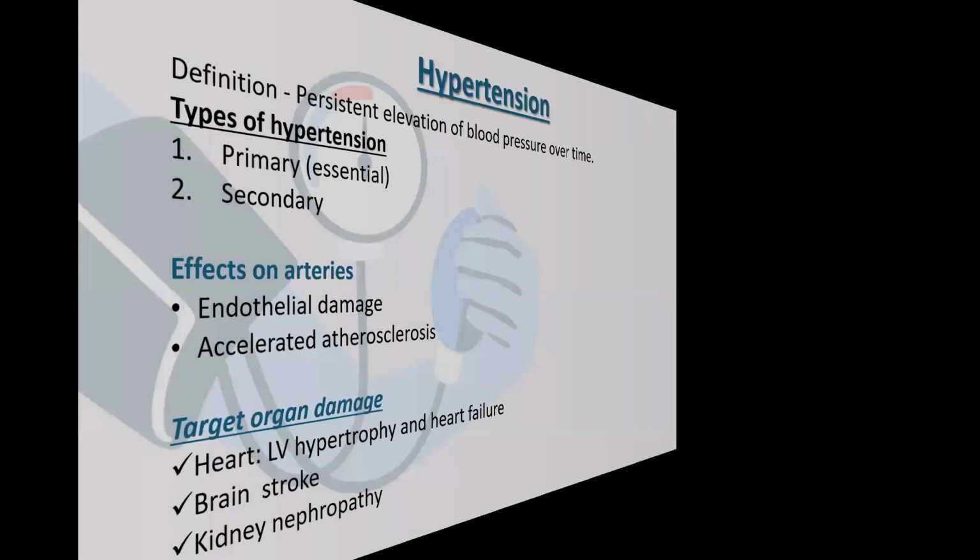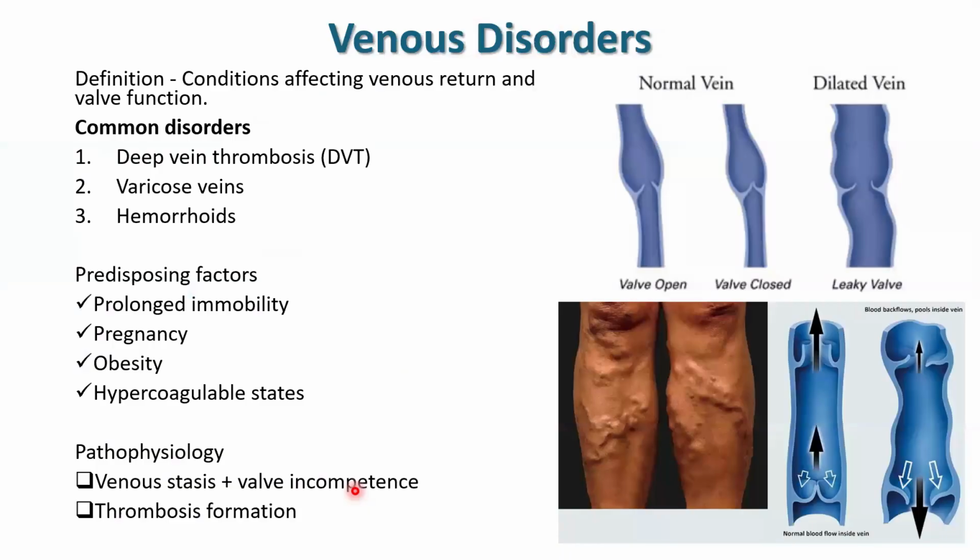And now to the last bit, the venous disorders. These are conditions or diseases that come about due to impaired venous return or valve function. By definition, venous disorders are conditions affecting venous return and valve function.